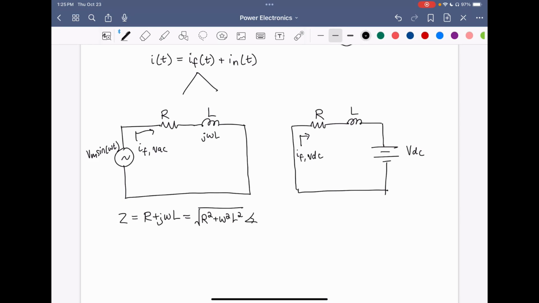And it's going to have an angle from the origin of the inverse tangent of omega L over R. You can just picture this as a point in the complex plane, where we have the distance and the angle.